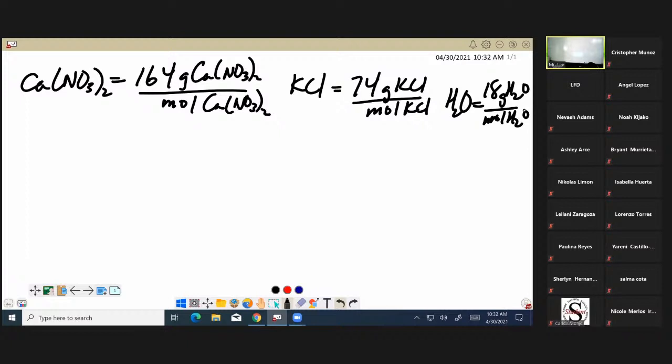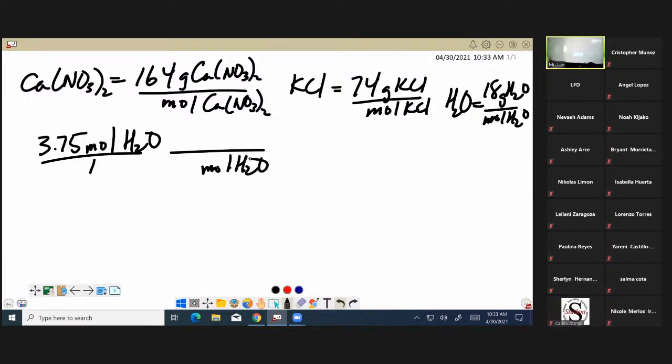Okay, the first question was, what if you're given 3.75 moles of H2O, right? Put one underneath. Okay, I know I need moles of H2O on the bottom to cancel out moles of H2O in the top here. And then I have to have grams of H2O, right? Because that's what I'm looking for, grams of H2O. Well, that's the molar mass, grams per mole. Well, what is it for water? It is 18.